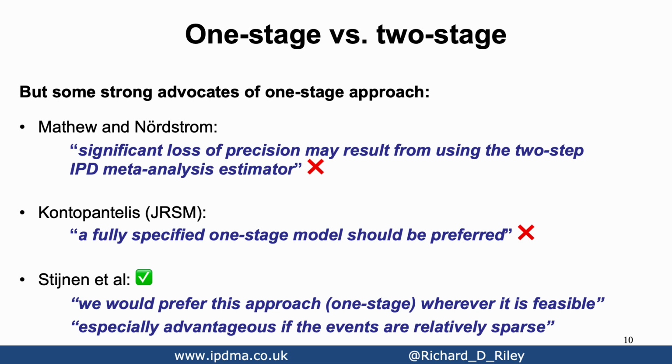In the Kontopantelis paper, again, the assumptions of the model are not right. They are making assumptions that lead to the one-stage model having lower standard errors when that is not justified in reality. So I want us to focus on the Stijnen paper because I really like this paper. Especially advantageous if the events are relatively sparse. So let's just look at this in a bit more detail.